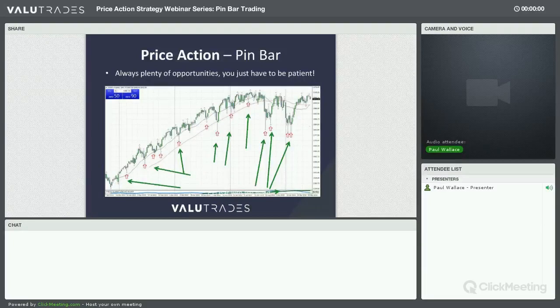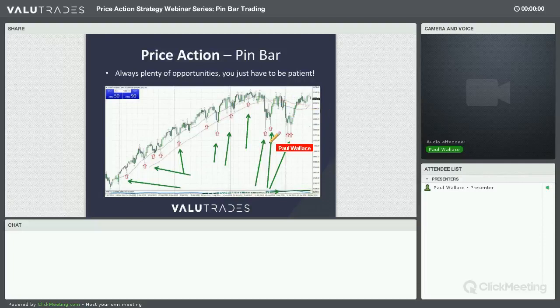Pin bars appear across every single asset class. Not only do they appear across every single asset class, they also appear across every single time frame. So it is a very, very popular signal that can be seen and utilized and built into your, let's call it, trading armor.